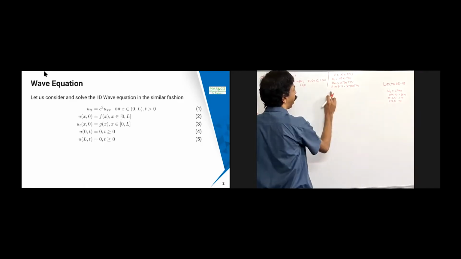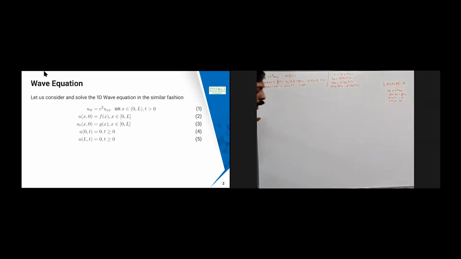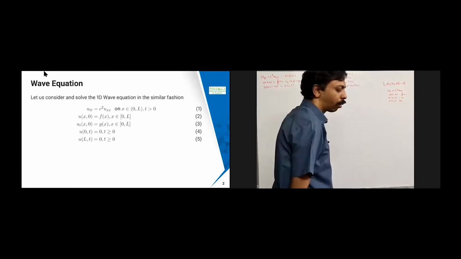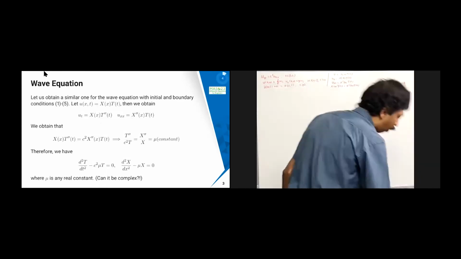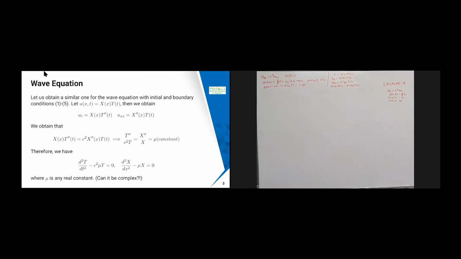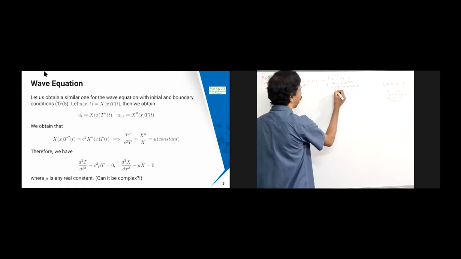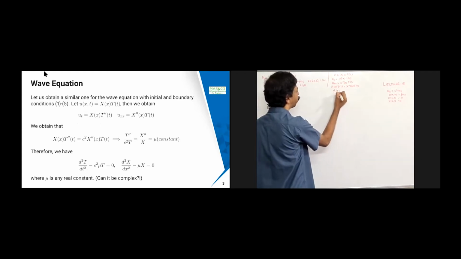Again, I can divide by X(x) T(t). If X(x) or T(t) were equal to 0, we would get the trivial solution, which I am not interested in. I am interested only in the non-trivial solution, so we can comfortably divide, because X(x) and T(t) are not simultaneously 0 everywhere. If you divide, you get T double dot of t divided by T of t equal to X double dash of x divided by X of x.